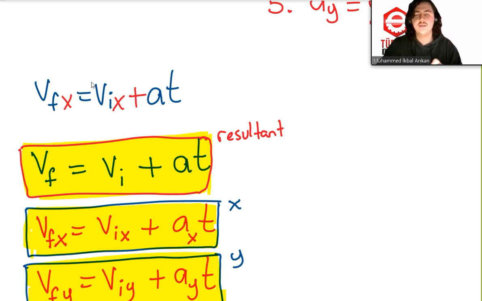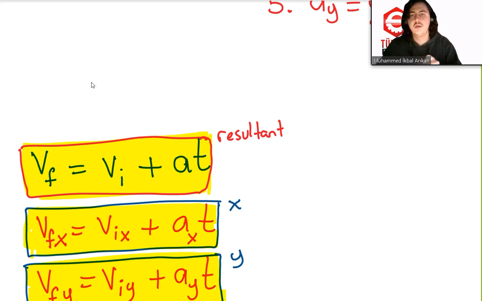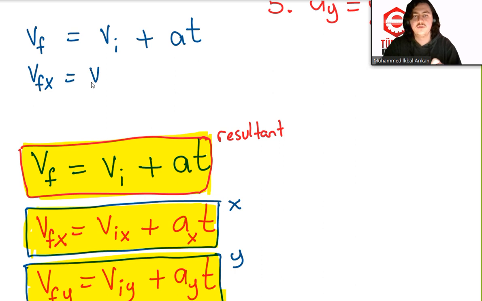V of x equals Vix plus a t. Okay, just take this again. I will put Vf equals Vi plus a times t. Just apply this rule for the x-axis. Vfx will be equal to Vix plus acceleration in x times time.